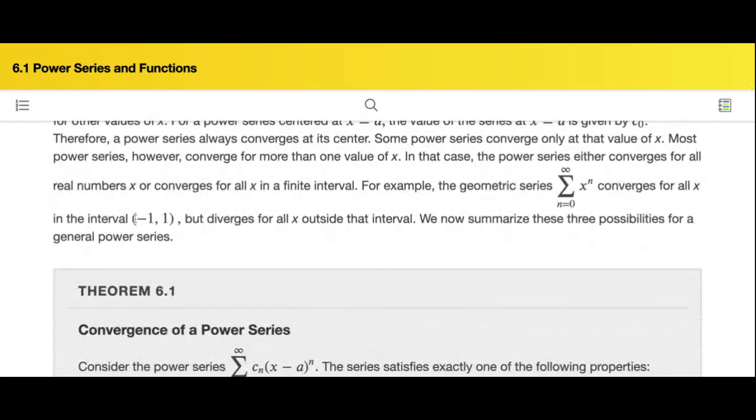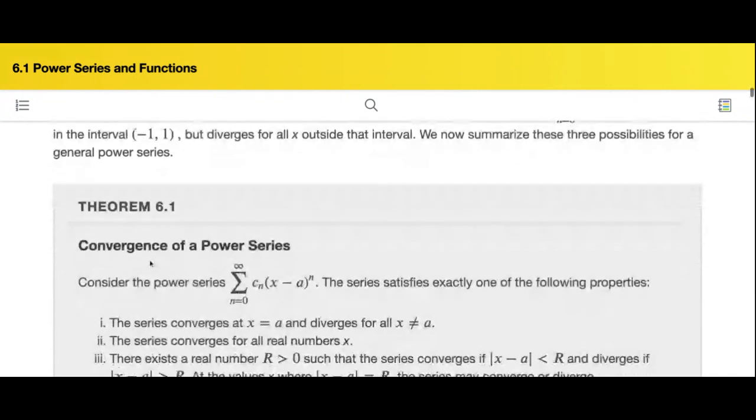We can write this in interval notation as open parenthesis -1 up to +1 close parenthesis, which means not including the boundary points -1 and 1. But it diverges for all x outside the interval.